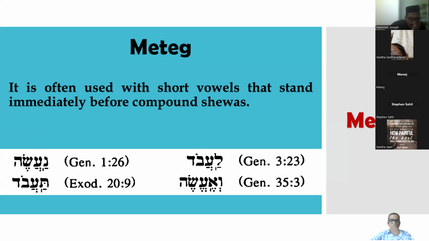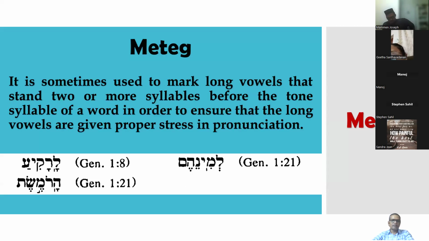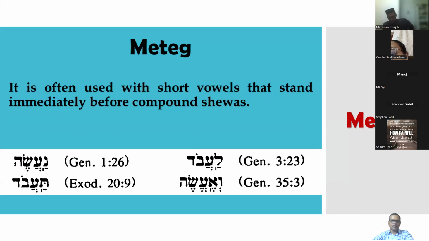That is why segol is appearing before hatef segol, and it has to receive metek. So the next function is that metek will appear along with the short vowels immediately before the compound or composite shivas.